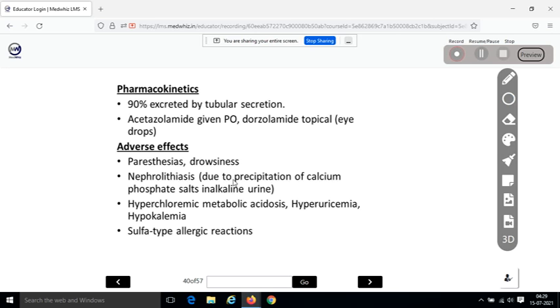It also causes drowsiness and paresthesias with large doses. These agents accumulate in patients with renal failure, and CNS toxicity can be marked in such individuals. They are also capable of causing hypersensitivity reactions like fever, rashes, bone marrow suppression, and interstitial nephritis.